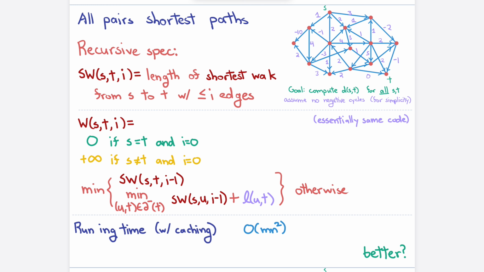If I want to get all the distances and I end up filling in all the S's, I'll still pay mn squared time. But it is true that this algorithm is acting exactly like Bellman-Ford by itself for each S. There's no interaction across different S's. But the following idea will actually be a little more interesting in this regard. I'm asserting that with this same recursive spec and one clever trick, we can cut the running time quite a bit.